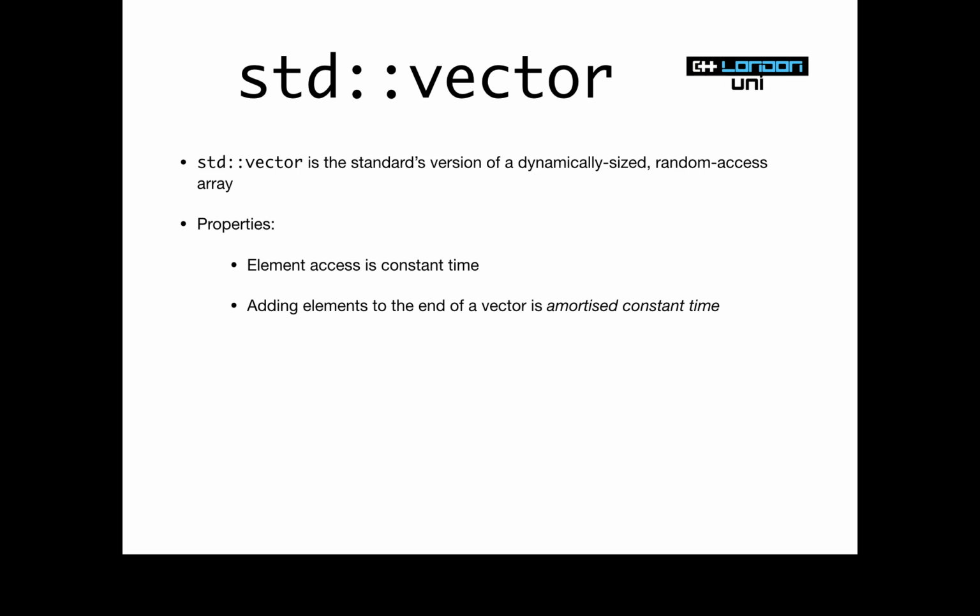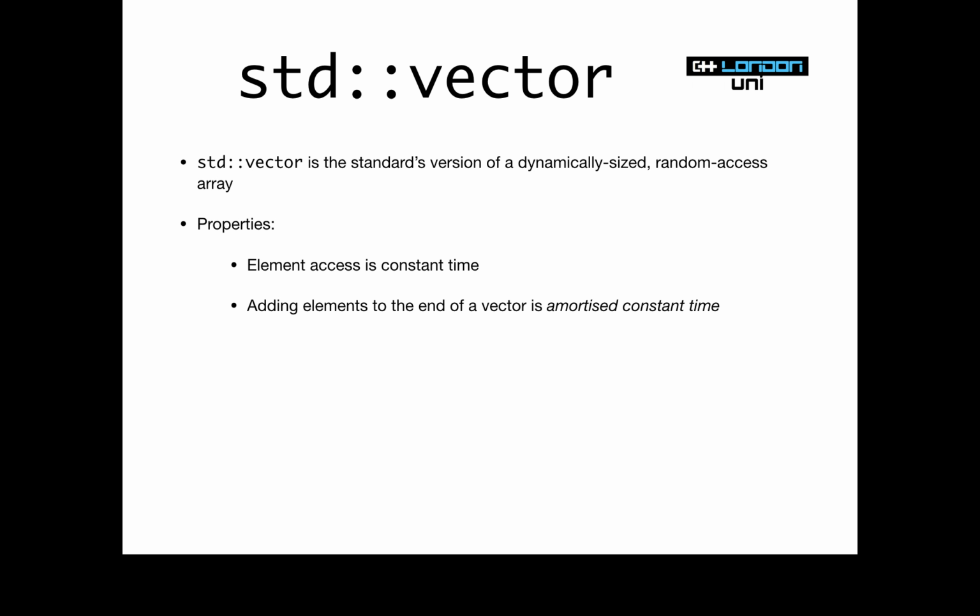Adding elements to the end of a vector is what's called amortized constant time. That basically means that if you do it enough, it looks like constant time. A vector has a chunk of memory that it can use to hold elements. We keep adding new elements to the end of the array, and eventually we run out of memory.